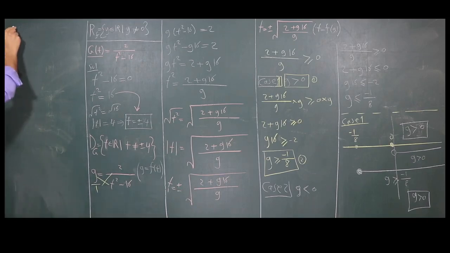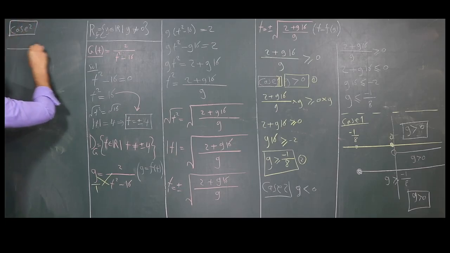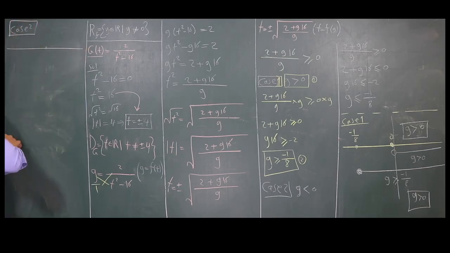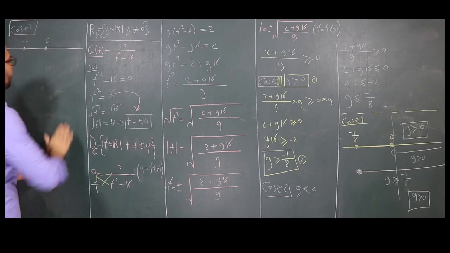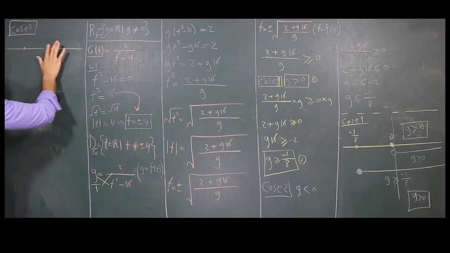Case 2, we have this line. This is 0, and this is minus 1 divided by 8.